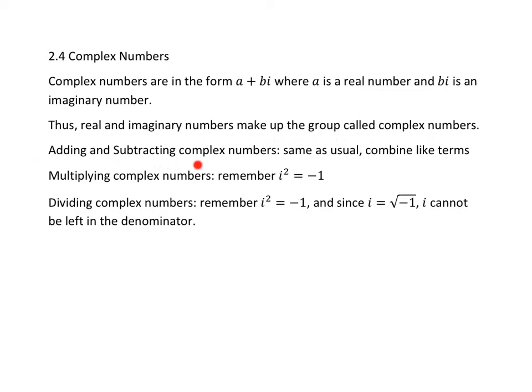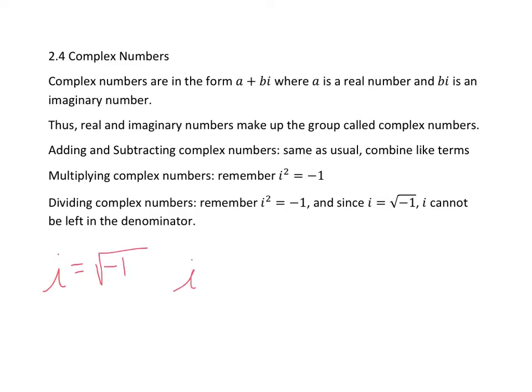Adding and subtracting complex numbers is the same as usual. You just combine your like terms, combine your i's with i's, your real numbers with real numbers. When you multiply your complex numbers, you have to remember that when you square i, it's -1 because i is equal to the square root of -1.